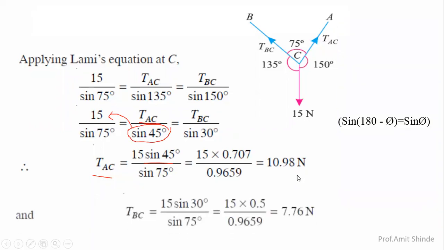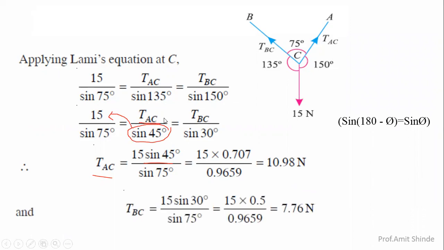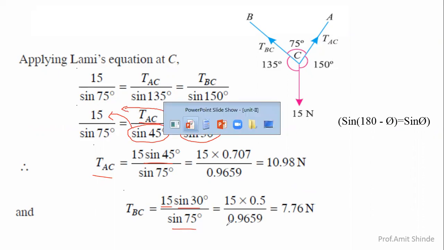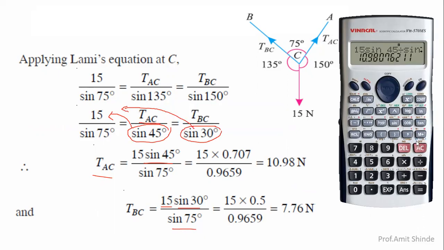Now similarly, tension in the string BC. To find out the tension in the string BC, what do we have to do? Let us take this term to this side. It means we are multiplying this term: 15 sine 30 divided by sine 75. Now again make the calculation. 15 sine 30 divided by sine 75 becomes 7.76 Newton.